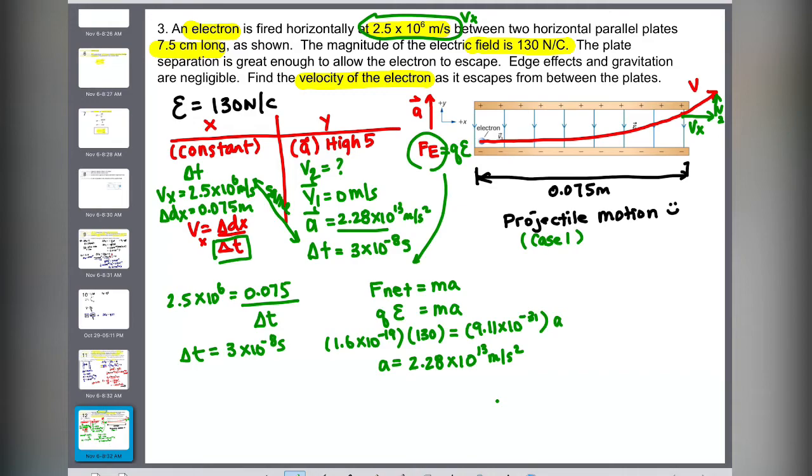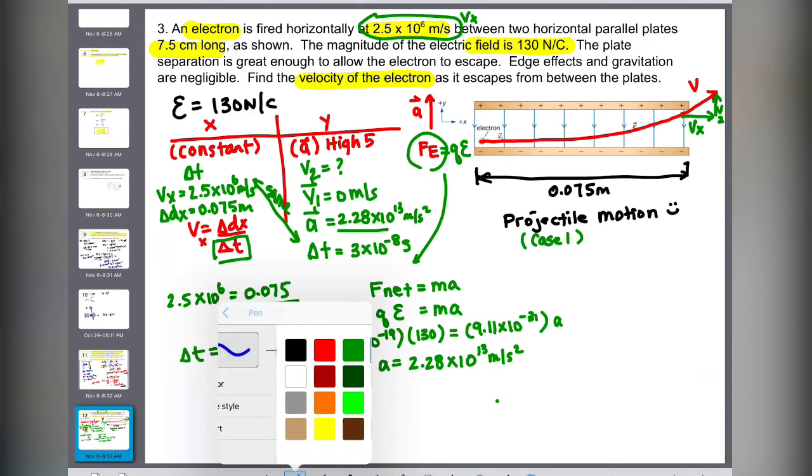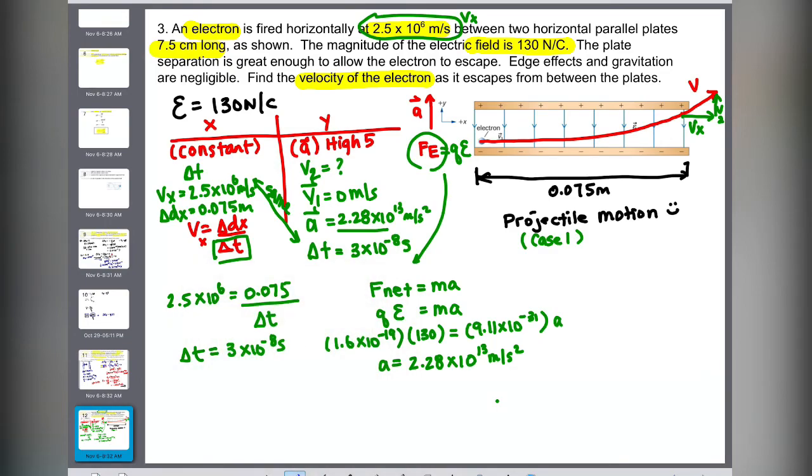Now that we've established all the givens along the y, I can find my v2. The equation I'm going to use is one of the high fives, the first one: v2 equals v1 plus a times delta t. I have everything that I need. So 0 adding 2.28 times 10 to the 13 times the time, which we found to be 3 times 10 to the negative 8 seconds.